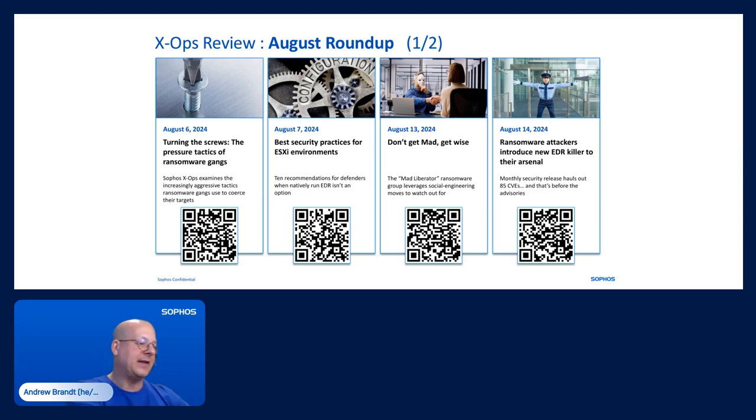He does a little bit of spying on some of the bad guys in their native habitats. And he did this great story about how ransomware gangs have ramped up the ways that they do pressure campaigns on ransomware victims to pay the ransom.